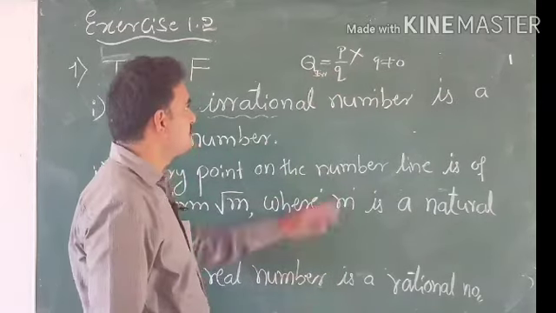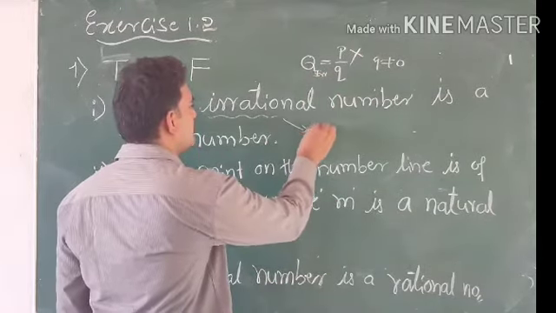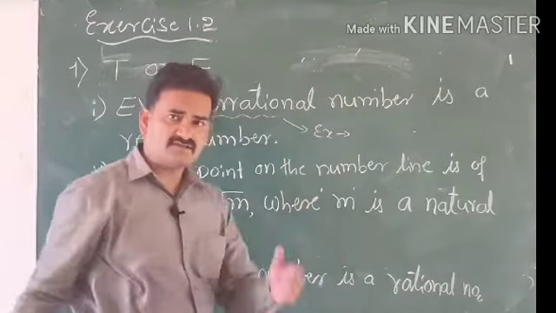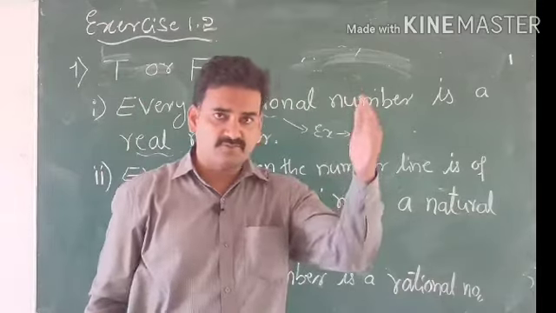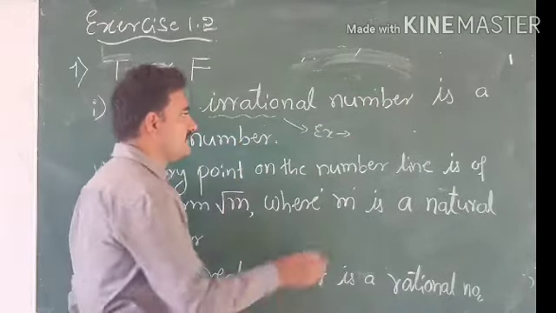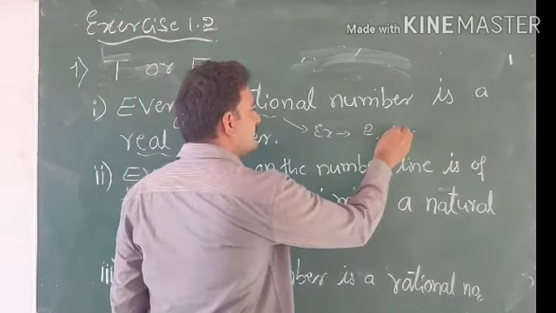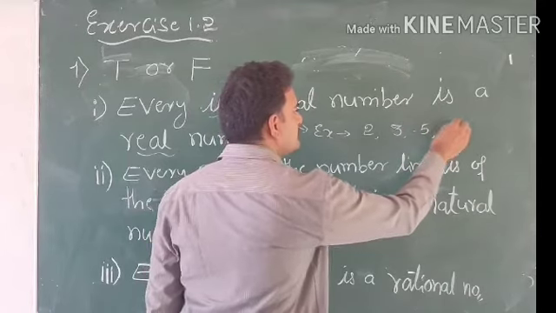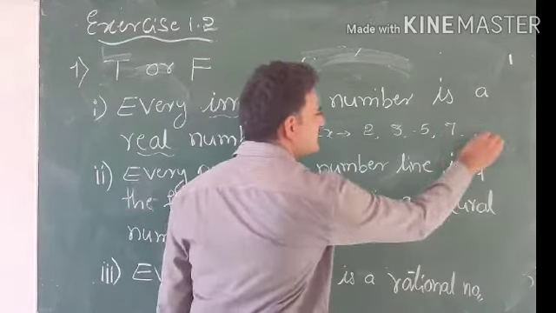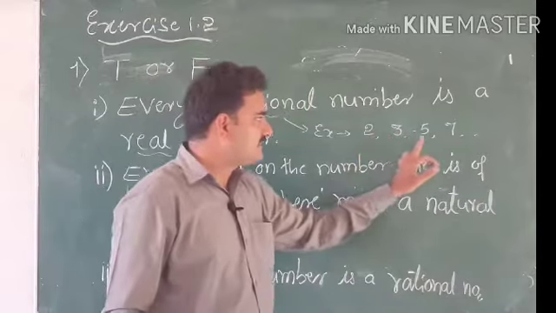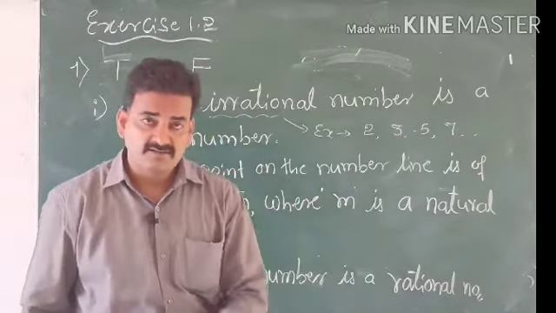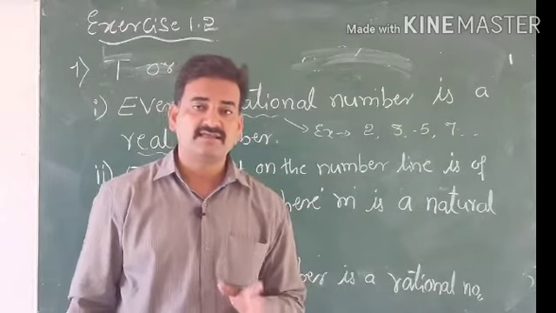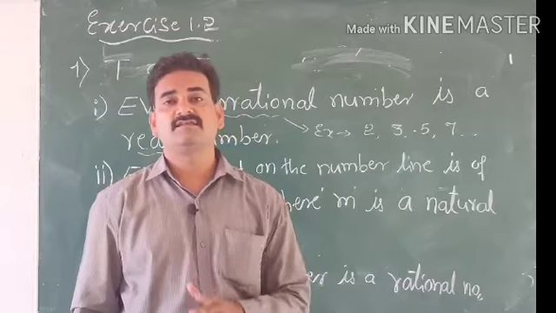Let us see some examples of irrational numbers. Which numbers are we not able to write in the form of P by Q? You know prime numbers: 2, 3, 5, 7, 11, 13, 17, 19, 23, and so on.